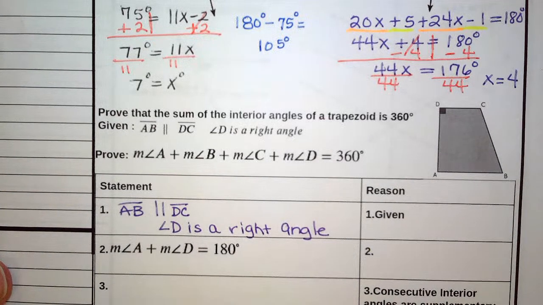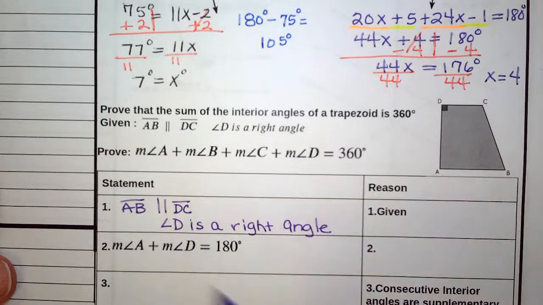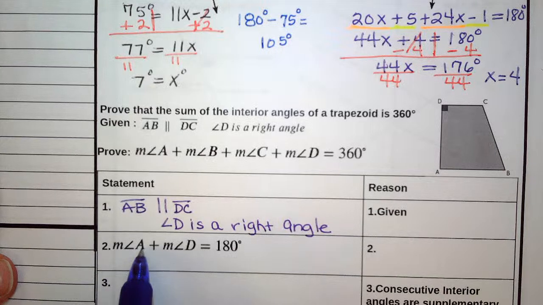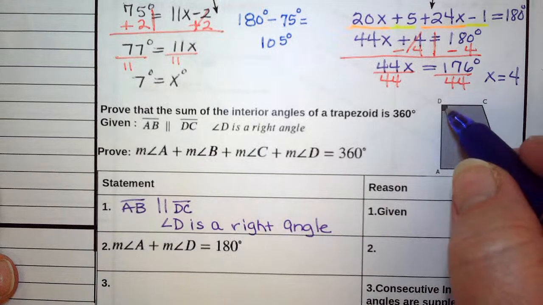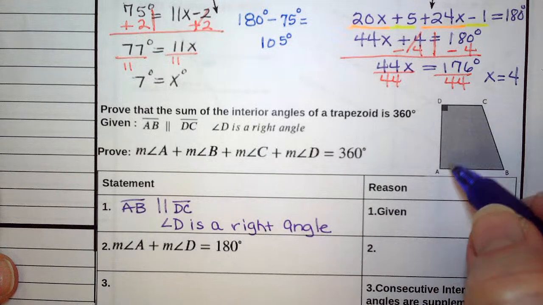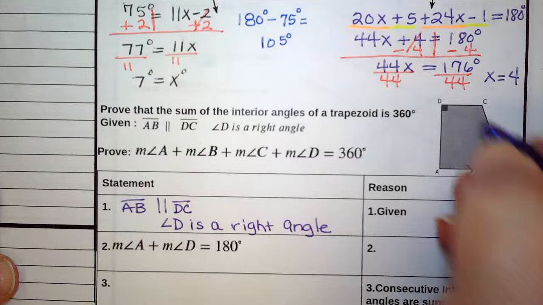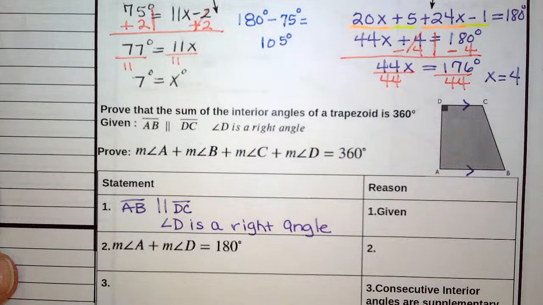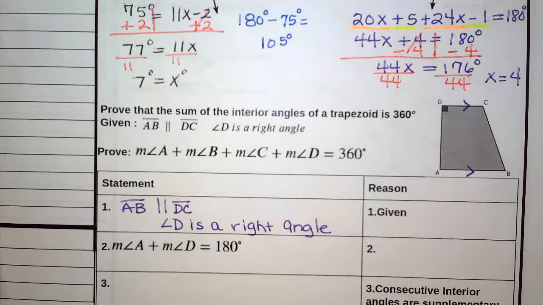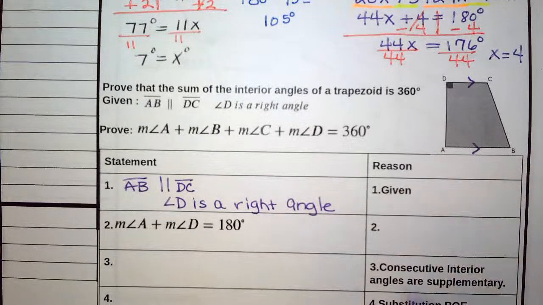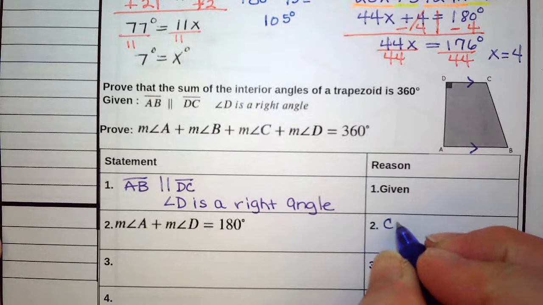Now, we're saying that the measure of angle A plus the measure of angle D, here's D, here's A. Here are our parallel lines, is equal to 180 degrees. What kind of angles are those? They're consecutive interior angles. Consecutive interior angles are supplementary.